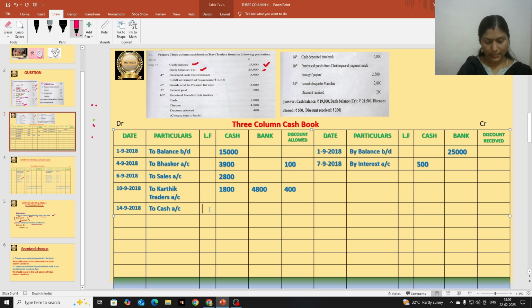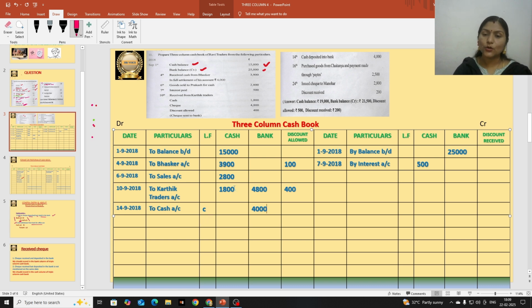LF column C, because in case of contra entries we should mention C in the LF column. Okay, we have to denote it by C. And in case of contra entries, if you write cash, put the amount in bank column. Now I'll put the amount in bank column. It is 4,000. Okay, one time we recorded on the debit side.